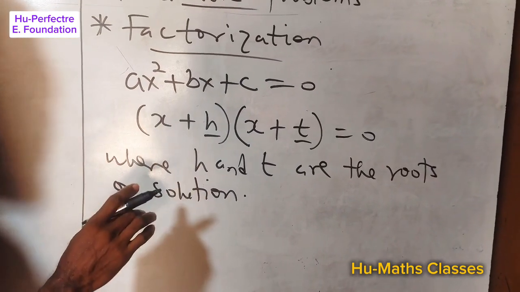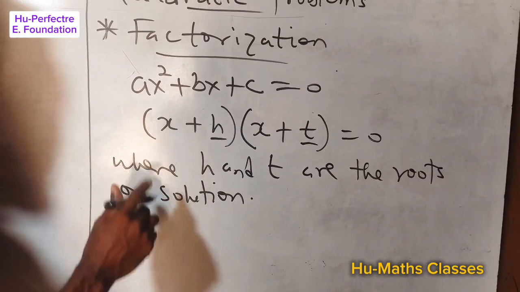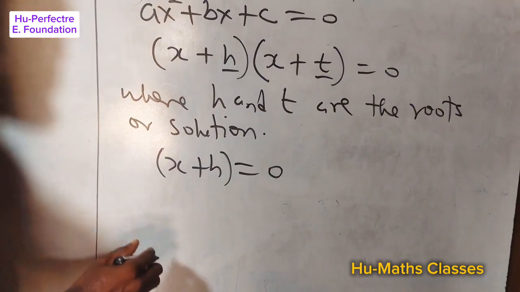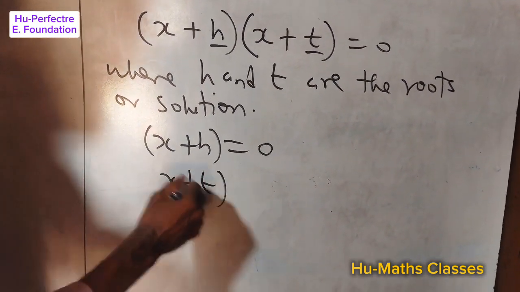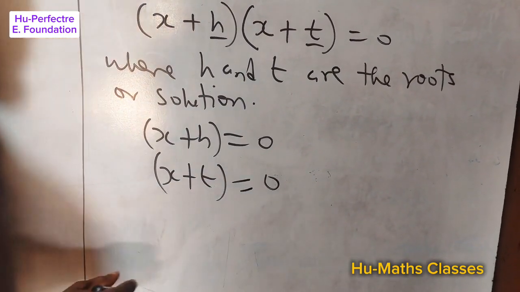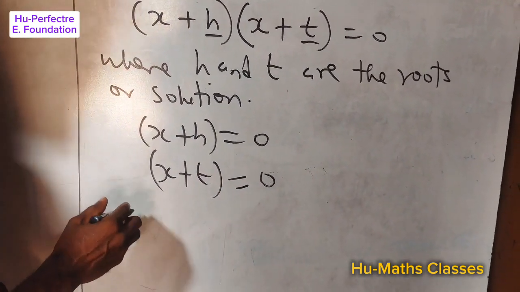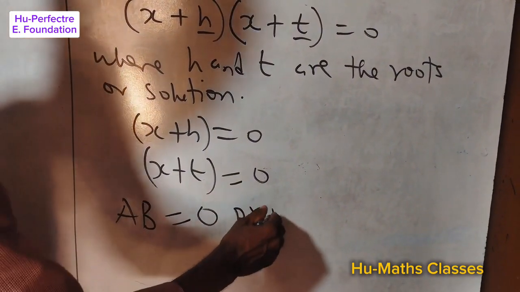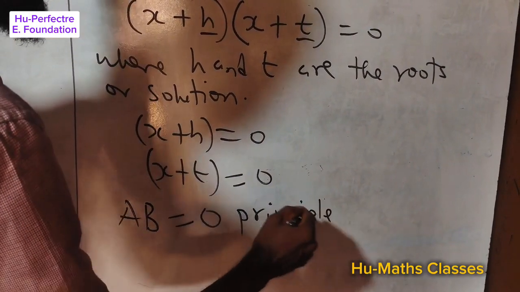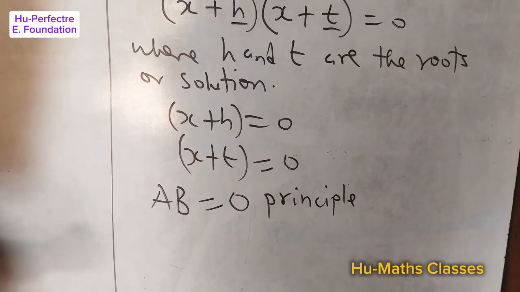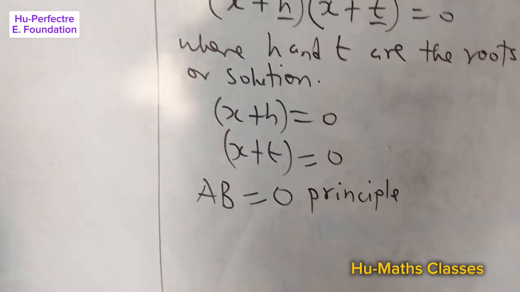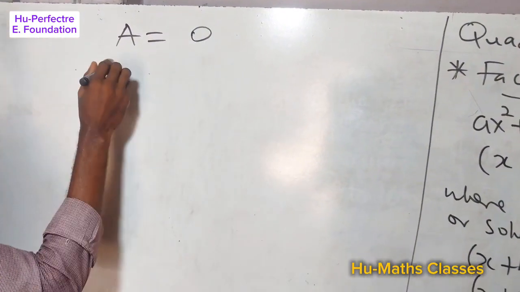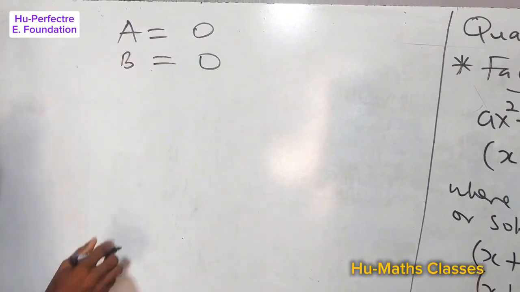With this, we are going to see that x plus h will be equal to 0 and x plus t will also be equal to 0. And that will take us to a principle known as the AB is equal to 0 principle. This principle states that if AB is equal to 0, then A alone is equal to 0 and B alone is equal to 0.